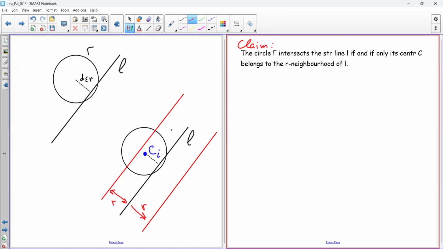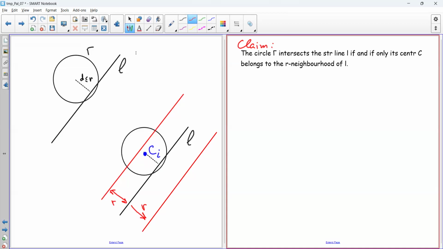So we have a technical description of these two situations being absolutely the same. They are satisfied simultaneously, or they are violated simultaneously. So if a circle doesn't intersect a straight line, even by a point, then the center of the circle doesn't belong to the strip.